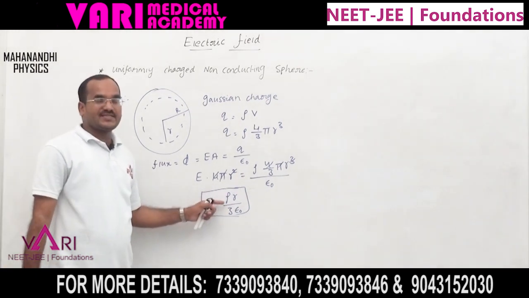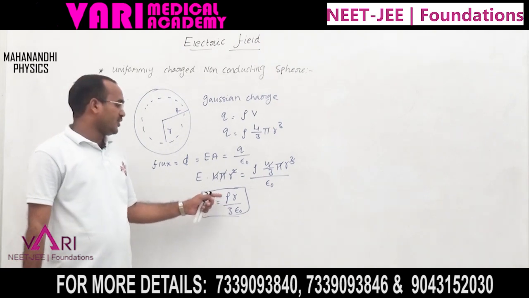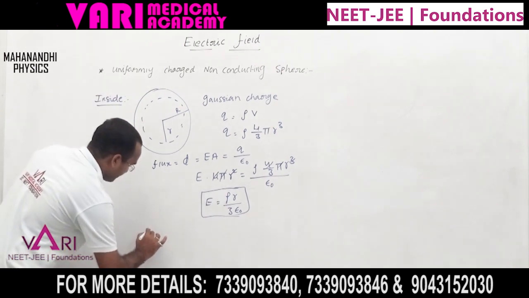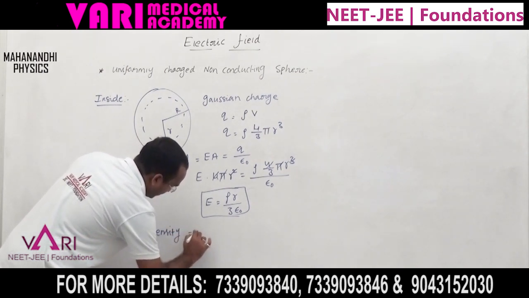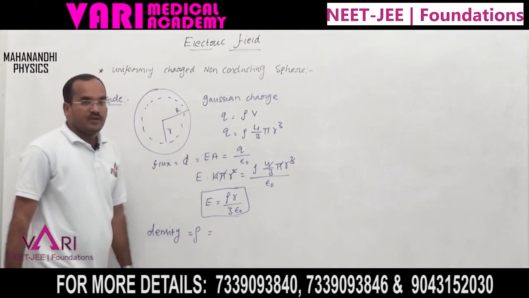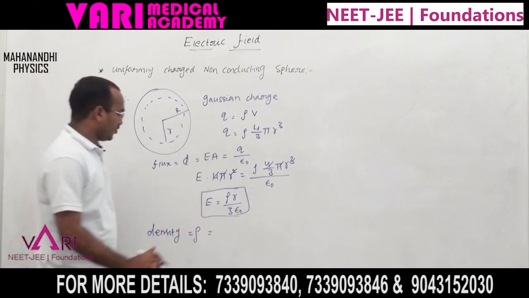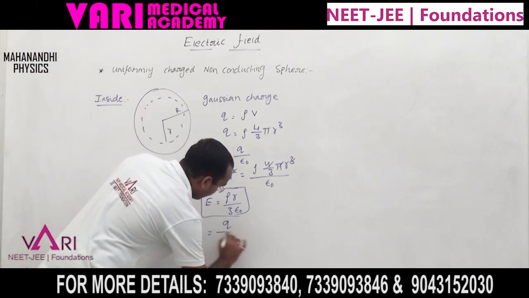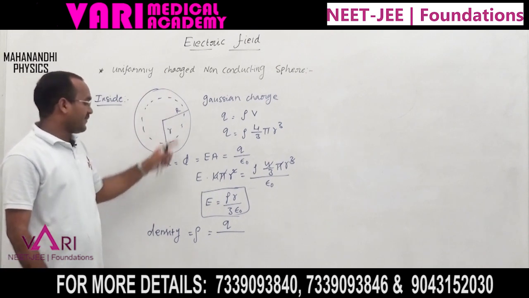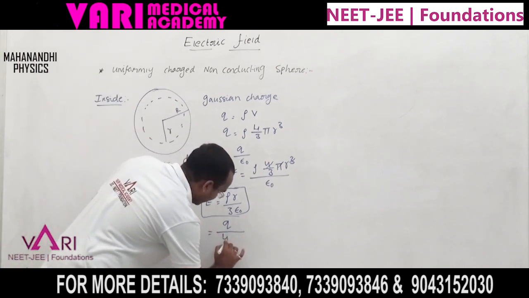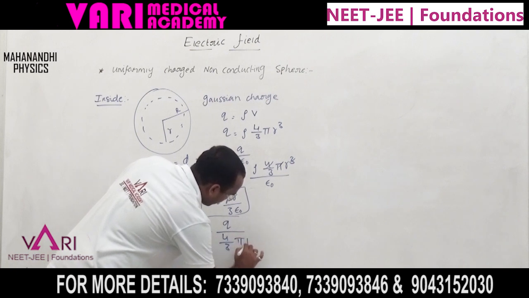Now rho is the density, which equals total charge Q by the volume of the total solid sphere, whose radius is capital R, so 4 by 3 pi capital R cube.